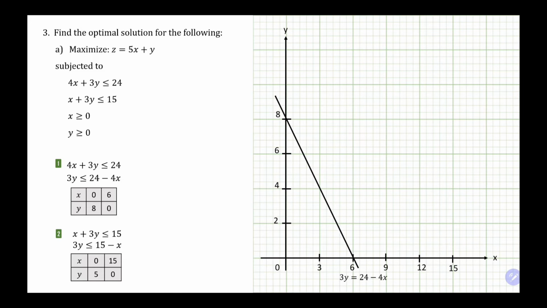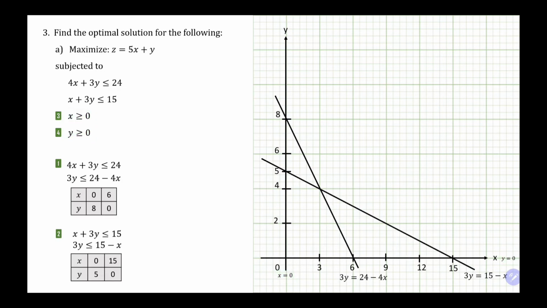Then for the next line, we have 5 and 15, so we sketch 5 to 15. Less than or equal, so we use a solid line. Then we label the graph 3y equals 15 minus x. Then we have x and y greater than or equal to 0: x equals 0 on the y axis and y equals 0 on the x axis.